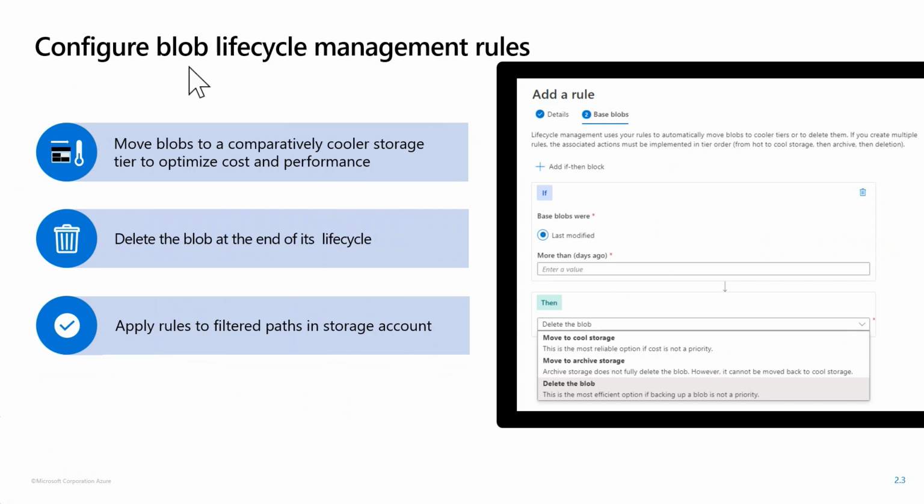With optional lifecycle management from our study, we know that we have options to create if-then blocks where we can choose the last modified date and create a responsive action based on our choices or our rules that we add to this lifecycle management creation.